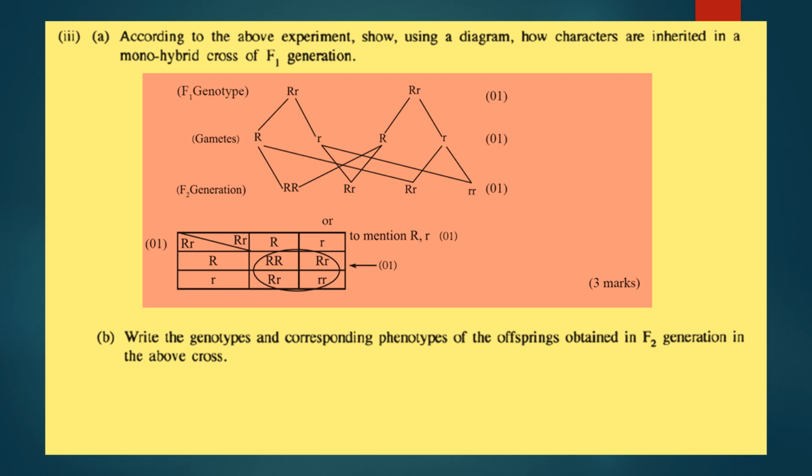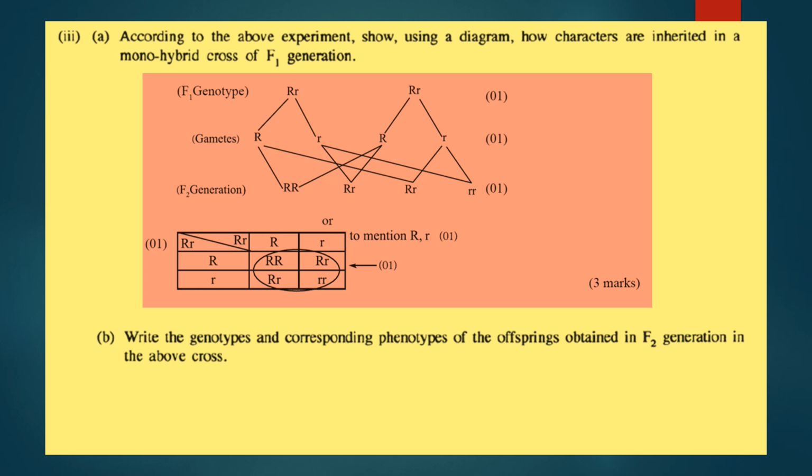So gametes formed: capital R, simple r, capital R, simple r. So F2 generation: capital R capital R, capital R simple r, capital R simple r and simple r simple r. Or you can draw the Punnett chart. Then you can earn 3 marks.